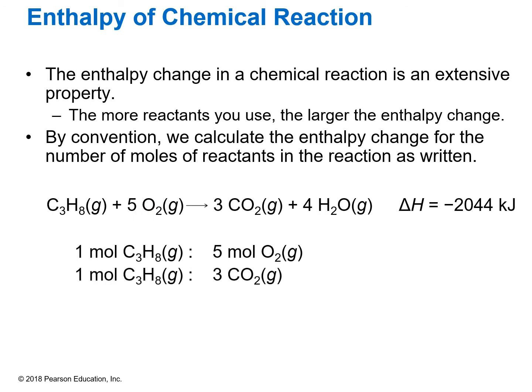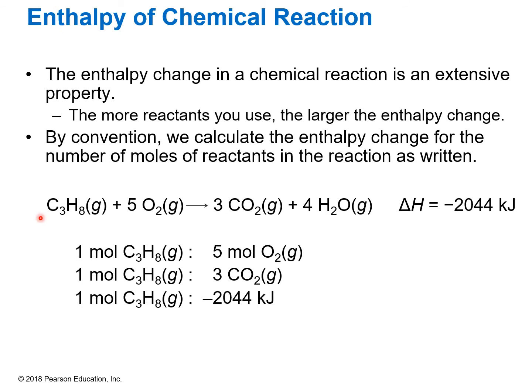If we wanted to find a relationship between propane and carbon dioxide, it is a 1:3 ratio between propane and carbon dioxide. And I can do the same thing with propane and water, or, hey, look, propane and enthalpy.